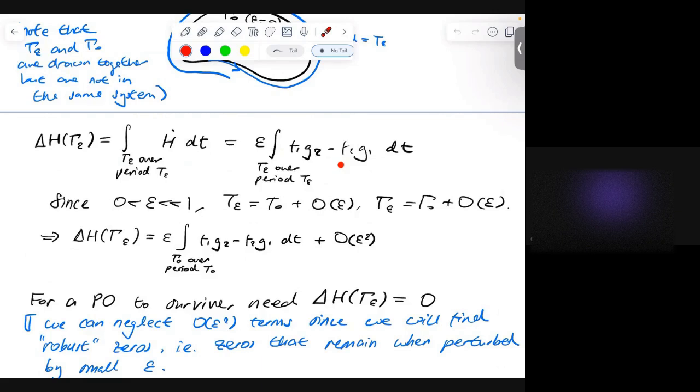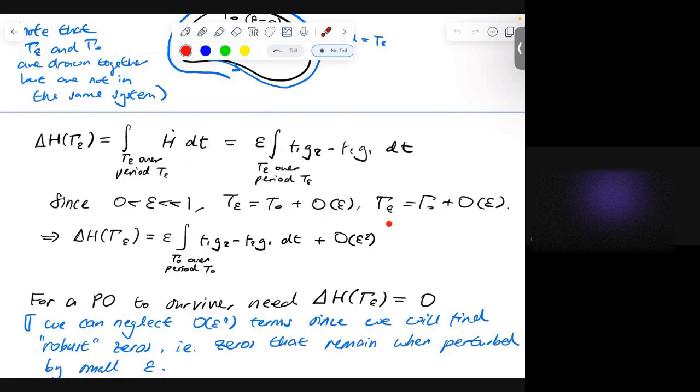And because we've chosen epsilon to be small, you can convince yourself that the period along the perturbed trajectory is approximately equal to the period along the original trajectory. It's off by terms that are order of epsilon.